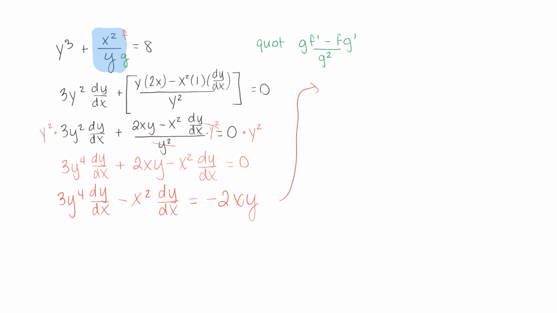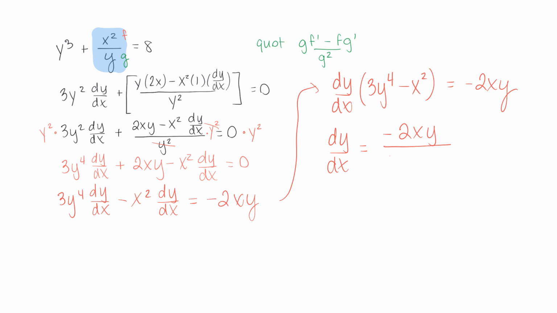Move this party up here, factor out my dy dx, and we're left with 3y to the 4th minus x squared equals negative 2xy. Divided out, dy dx equals negative 2xy over 3y to the 4th minus x squared. And you're done. Now, that's it.